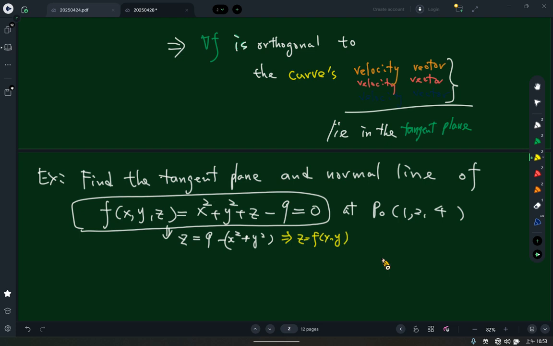It's just trying to describe a surface. I give you this function, this equation, and this equation is just talking about a surface. If you rephrase it, you can see it is just of the form z is equal to f of x, y. So it's just talking about the surface.